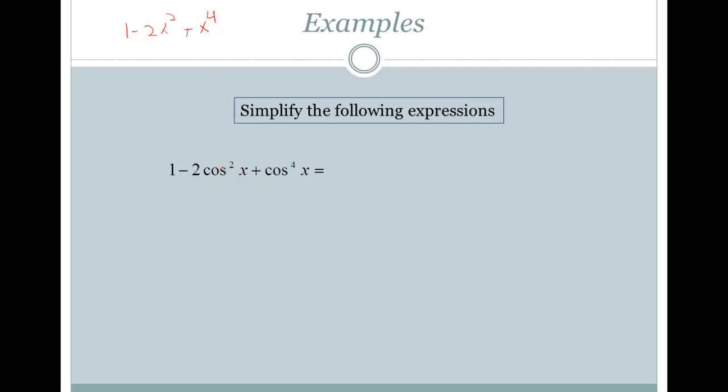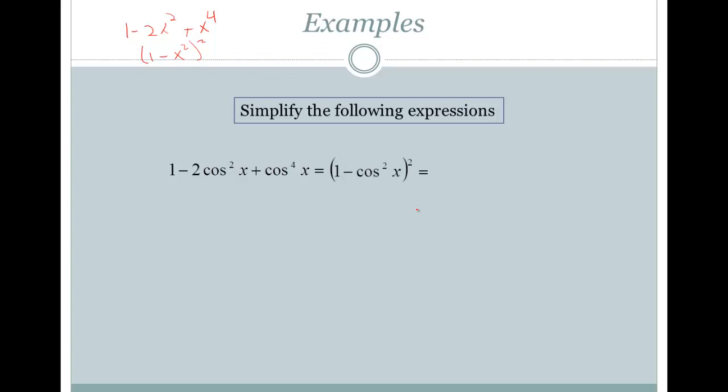And that's the same thing here. If you think about cosine squared of x as x squared here, we can factor. This can be 1 minus x squared, squared, because then I get 1 minus 2x squared plus x to the fourth. So I can do the same thing right here.